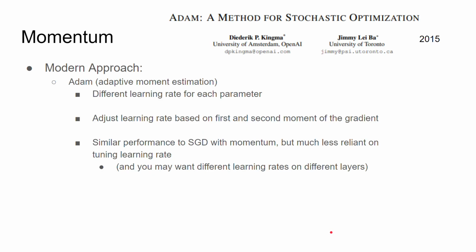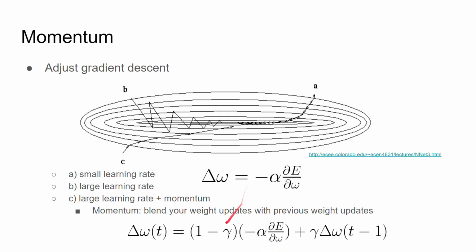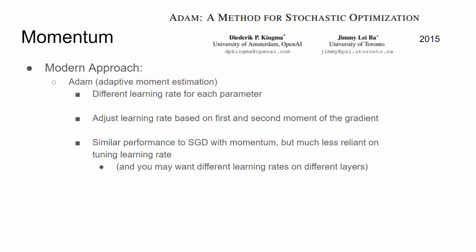Among other things, it ends up using a different learning rate for each parameter, because nothing says I should have exactly the same learning rate on every single one of my weights. Especially weights at different parts of the network maybe want very different learning rates. So it adjusts that learning rate based on the first and second moment of the gradient. Tons of wacky details if people care about implementing that. Again, no one really implements it. It's just built into the tools you use.